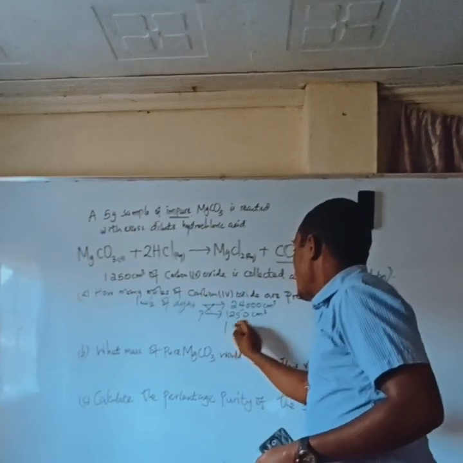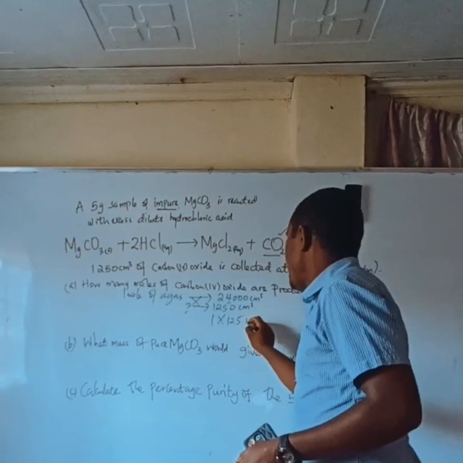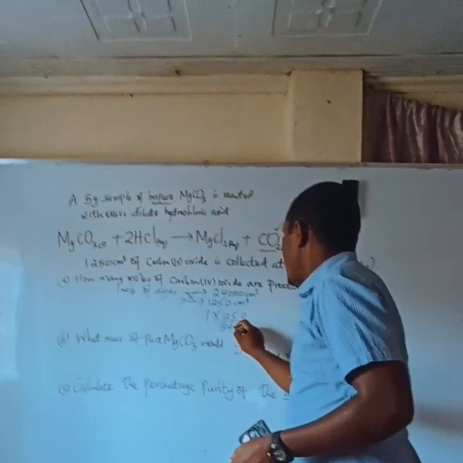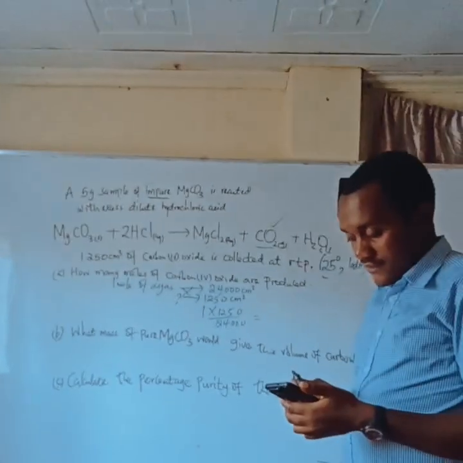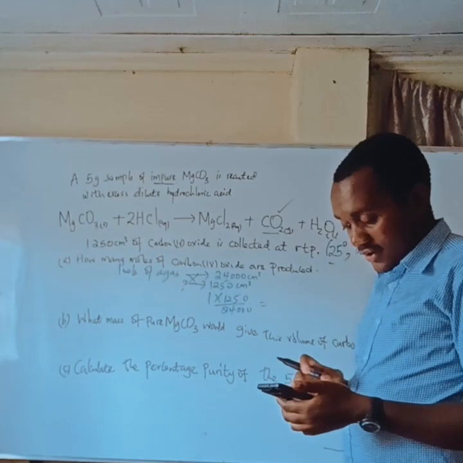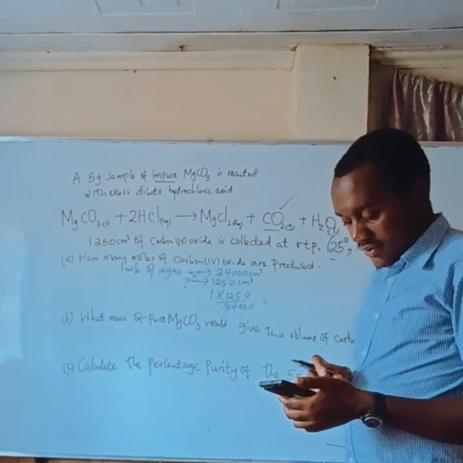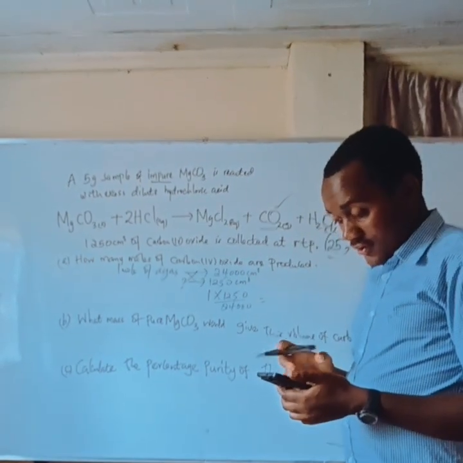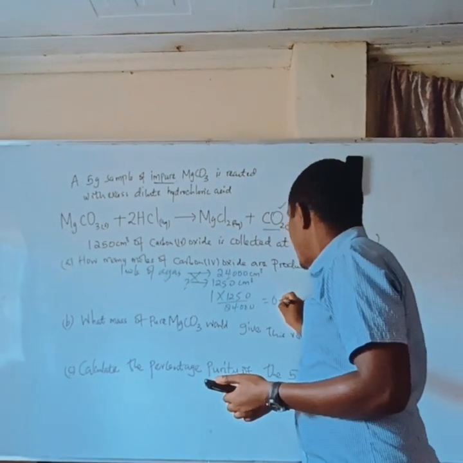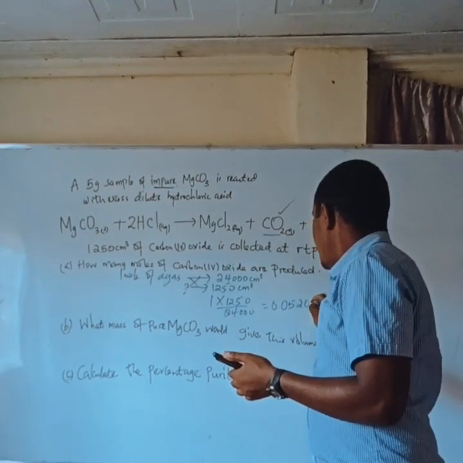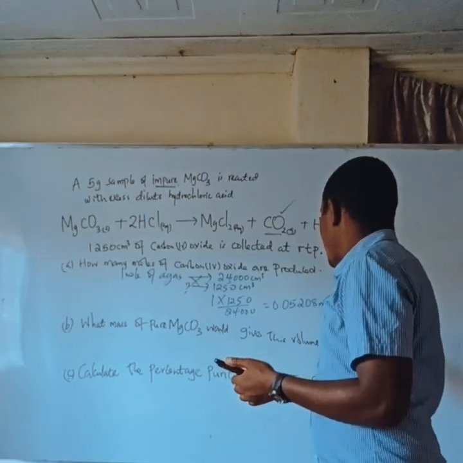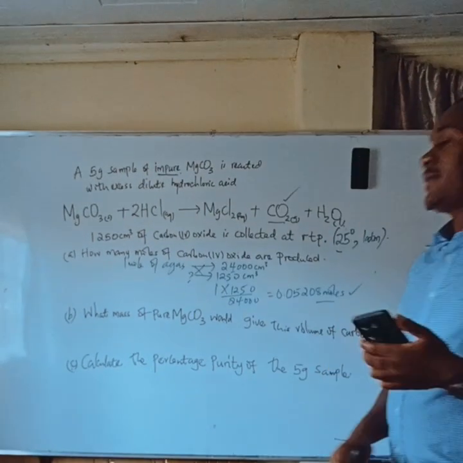That is 1 times 1250 over 24,000. So you calculate the number of moles of the gas collected: 1250 divided by 24,000 gives 0.05208 moles of carbon dioxide produced.